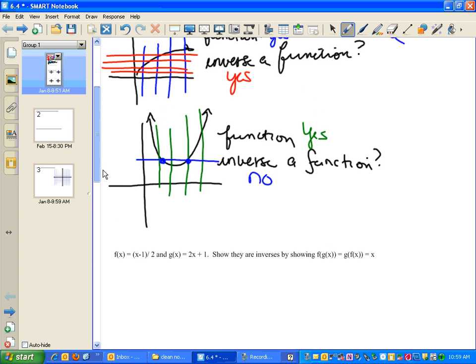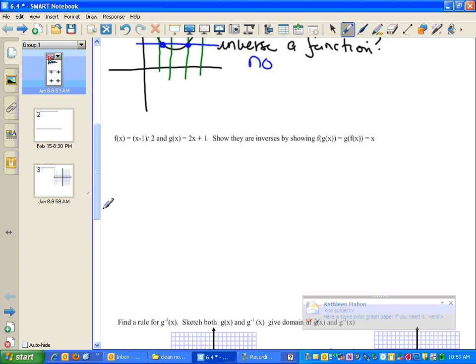All right. So how do we show if two functions are inverses? We do our composition. We do f of g of x, and we do g at f of x. And when we do those compositions, both must simplify strictly down to x.